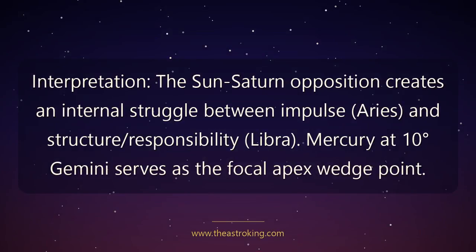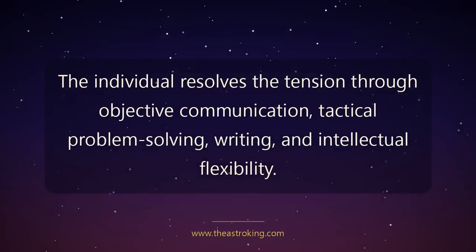The Sun-Saturn opposition creates an internal struggle between impulse, Aries, and structure, responsibility, Libra. Mercury at 10 degrees Gemini serves as the focal apex wedge point. The individual resolves the tension through objective communication, tactical problem solving, writing, and intellectual flexibility.